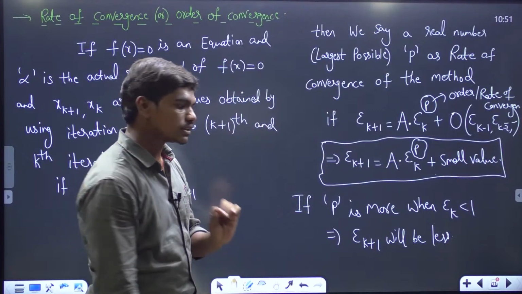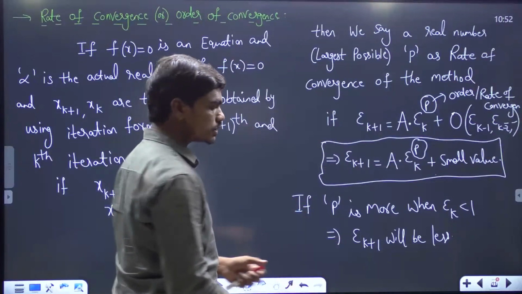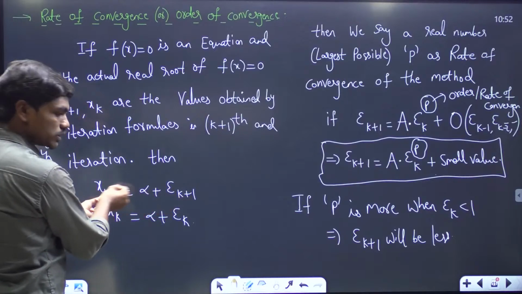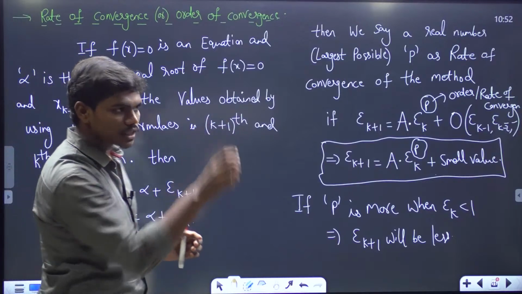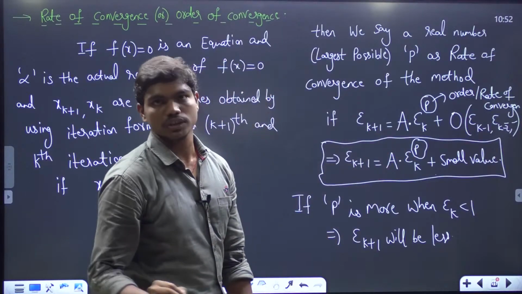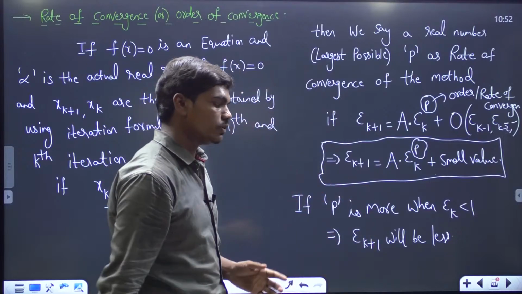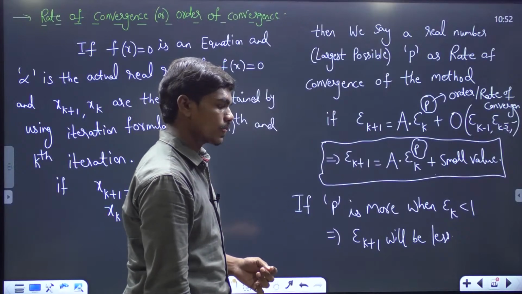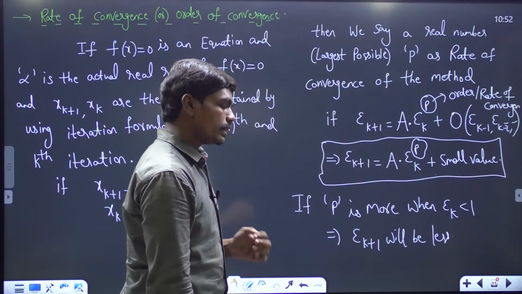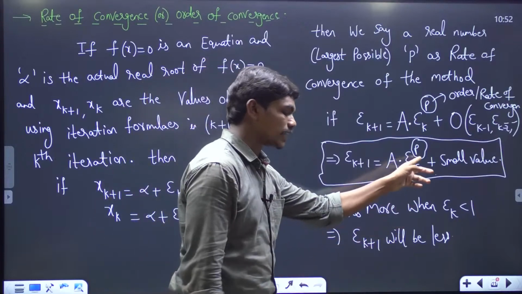One thing is very clear for us: to minimize the number of iterations, this p should be more. Because when e_{k+1} is very small, alpha will be almost equal to x_{k+1}. If you want to attain the solution in very few iterations, this value of p has to be more, because it will make the change less within fewer iterations. Clear to all of you? Did you all understand this? For the method to converge faster, p has to be more.